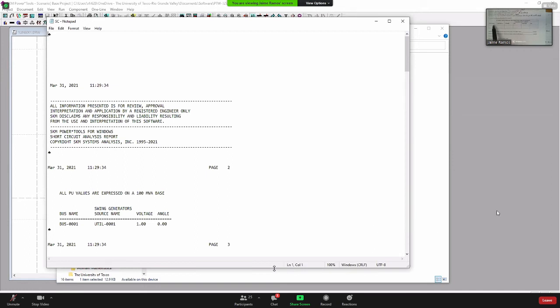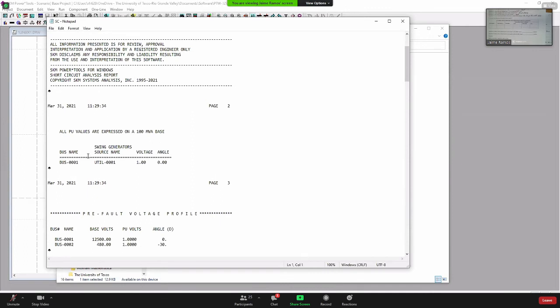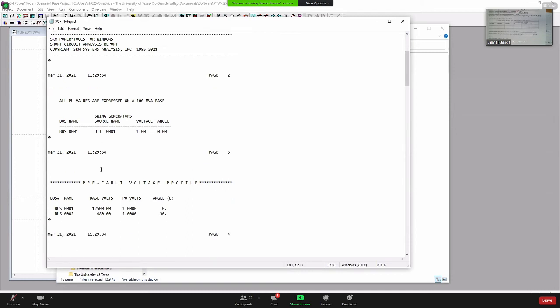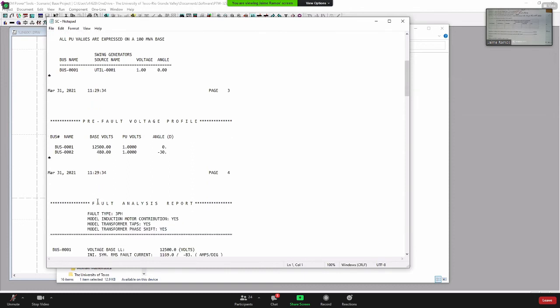Then we have the bus. Short circuit, merge 31. All information presented is for review. Bus name, the utility. Pre-fault. Look, these are the voltages pre-fault: 12,500 and 480 volts. That's because of the transformer.